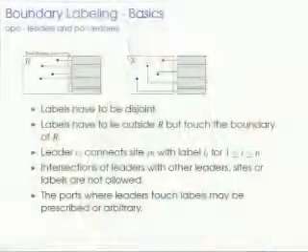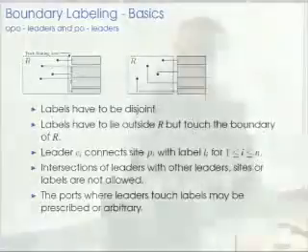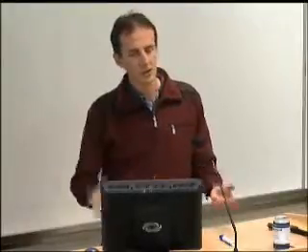The first model is that we say we have a rectangle, and the points that have to be labeled are in this rectangle, and we consider only that all the labels should be outside of the rectangle, and here we say let's restrict to the case that they are on the right-hand side.